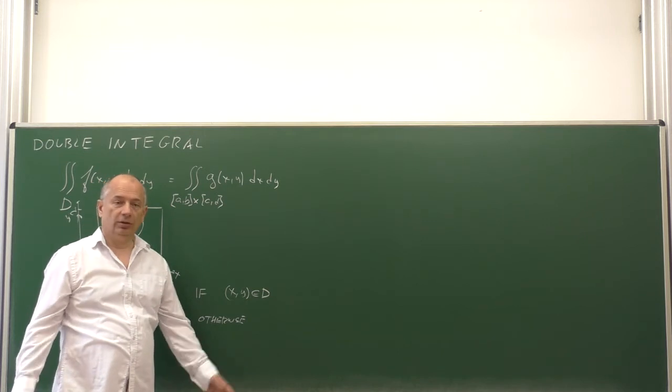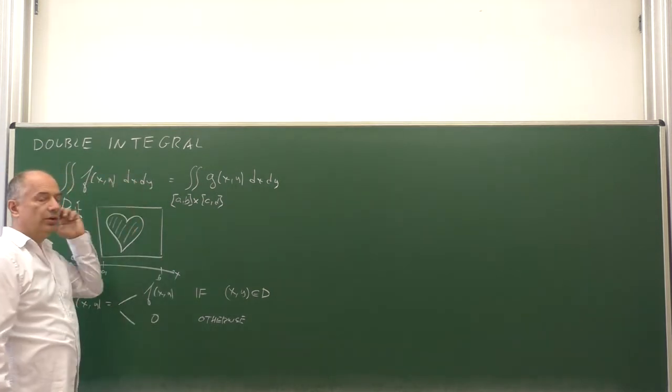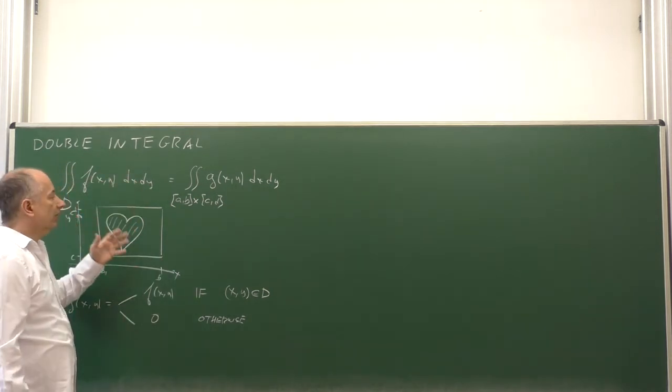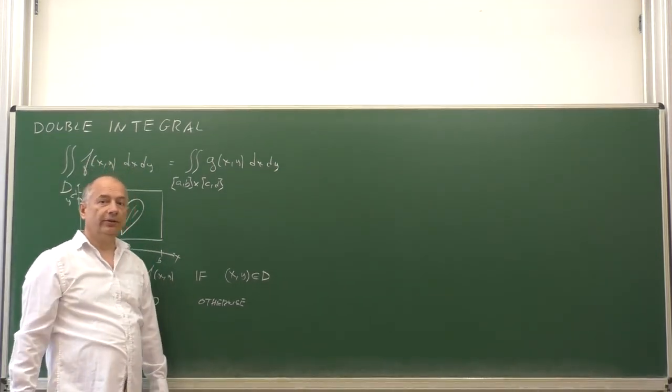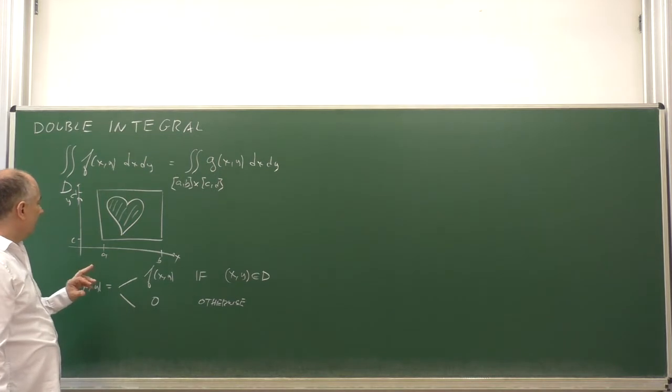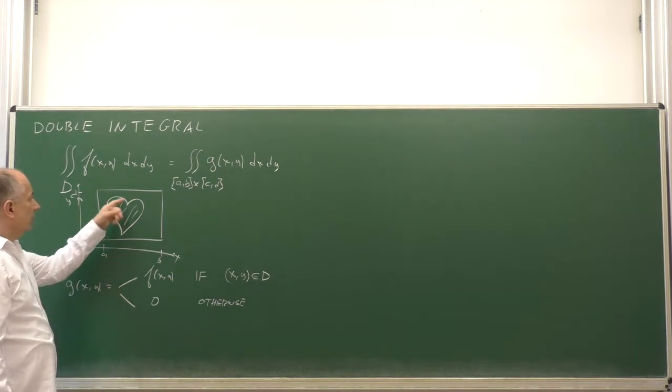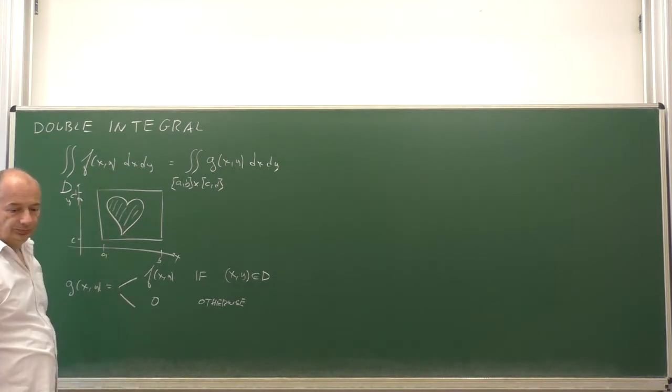This is the definition. We usually don't use this definition for computation, but it's good to have some nice definition for the integral of a function over a non-rectangle region.